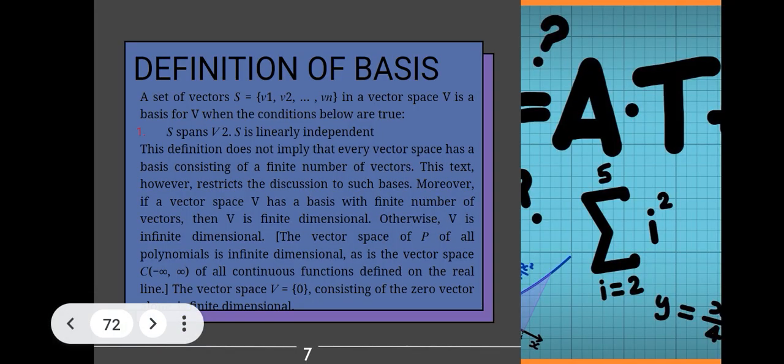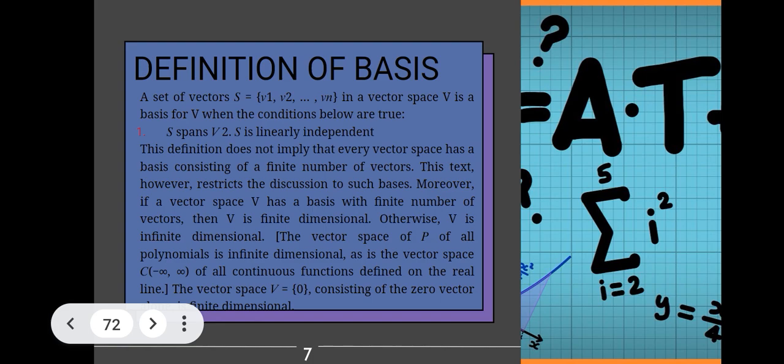So the definition of basis. A set of vectors S equals v1, v2, up to vn in a vector space V is a basis for V when the conditions below are true.